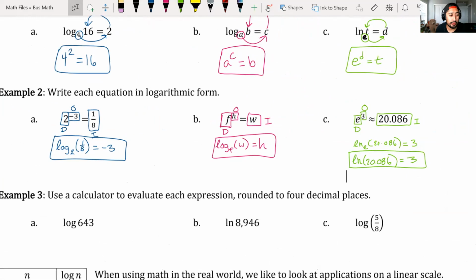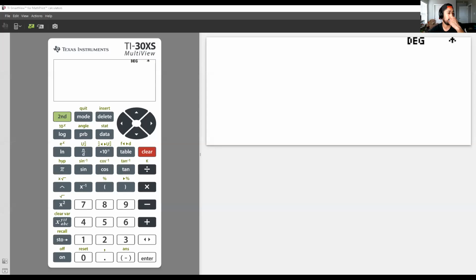And now we want a calculator to evaluate each of these expressions rounded to 4 decimal places. So let me go to my calculator, stop this sharing, and go to my calculator, there we go. The first thing we have is the log, which is this first button right underneath the second button. Don't hit second though.